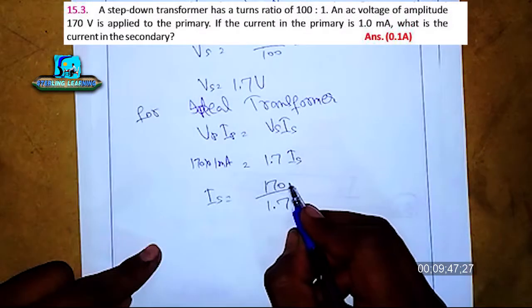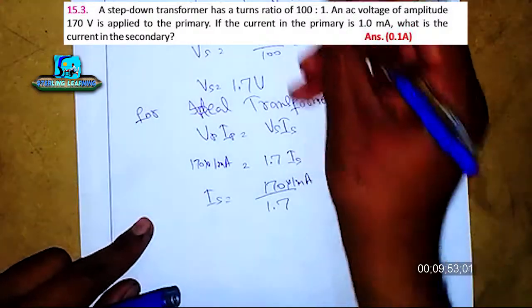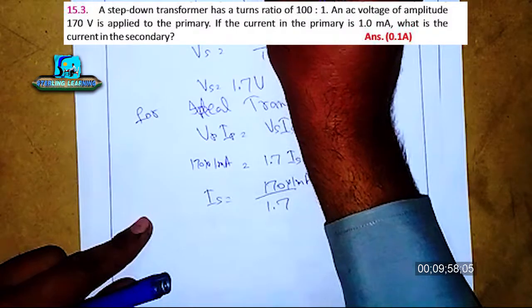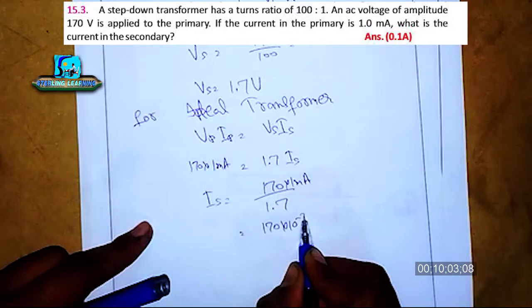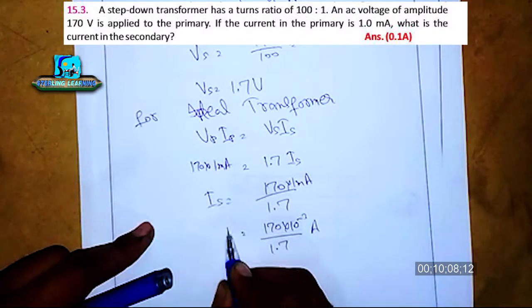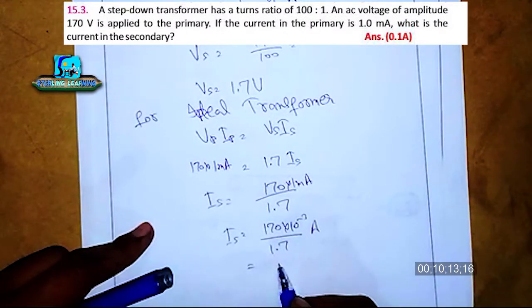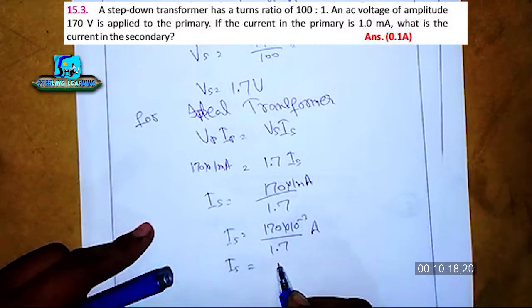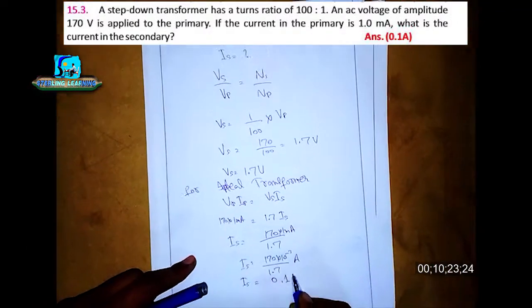Current is 1 milliampere, not 1 ampere. So 170 into 10 to the power minus 3 over 1.7 amperes, which comes out to be Is equal to 0.1 ampere.